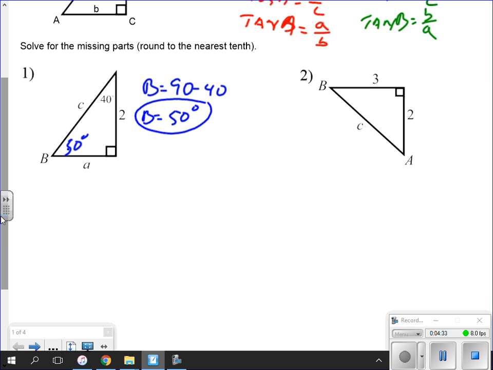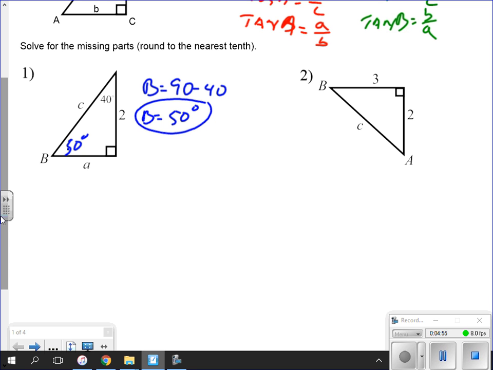Now from there, start setting up your trig, because that's the only thing you can do from here. In order to do the Pythagorean theorem, you have to have 2 sides. We don't have 2 sides, we've only got 1, but your right triangle trig will give you that. So you pick an angle. Here's what I like to do. When I'm setting up, I like to use the angles that are given to me.